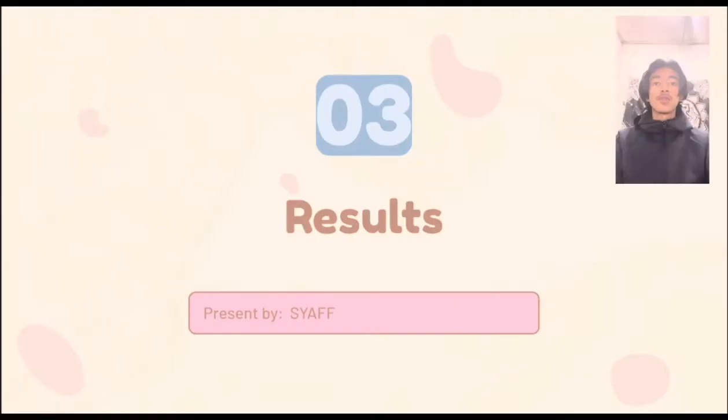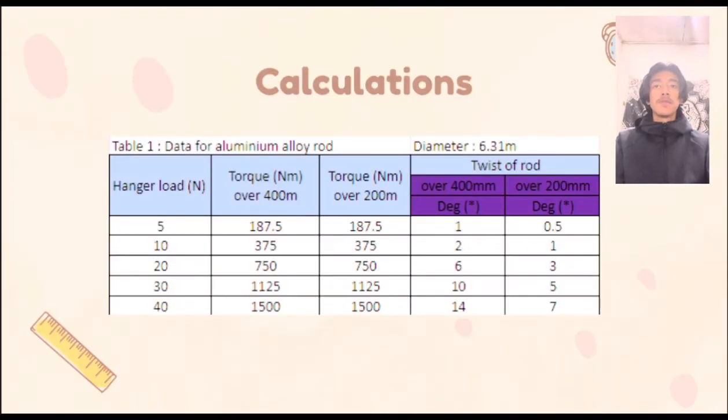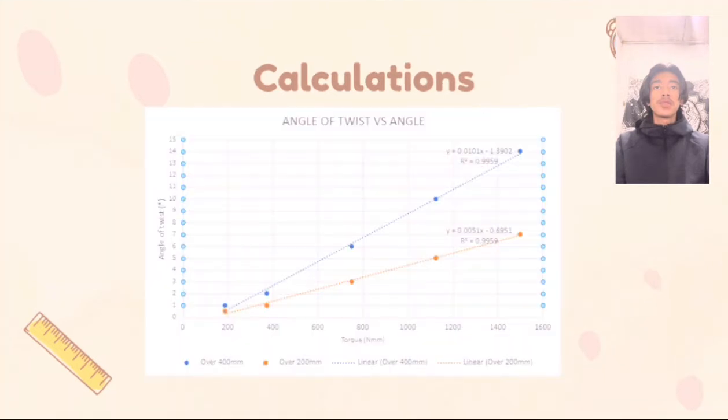Okay, I'm Shafiq. I will present the results of the experiment. Table 1 is the data for the aluminum alloy rod. The diameter is 6.31 mm, and this is the result we got after the experiment. After that, we need to plot a graph, which is angle of twist versus torque.